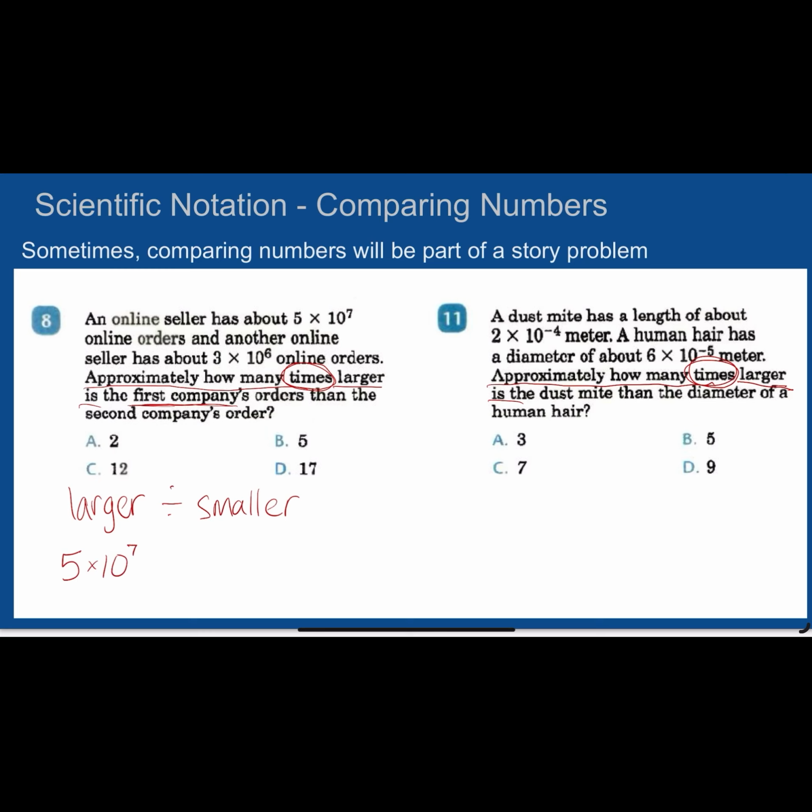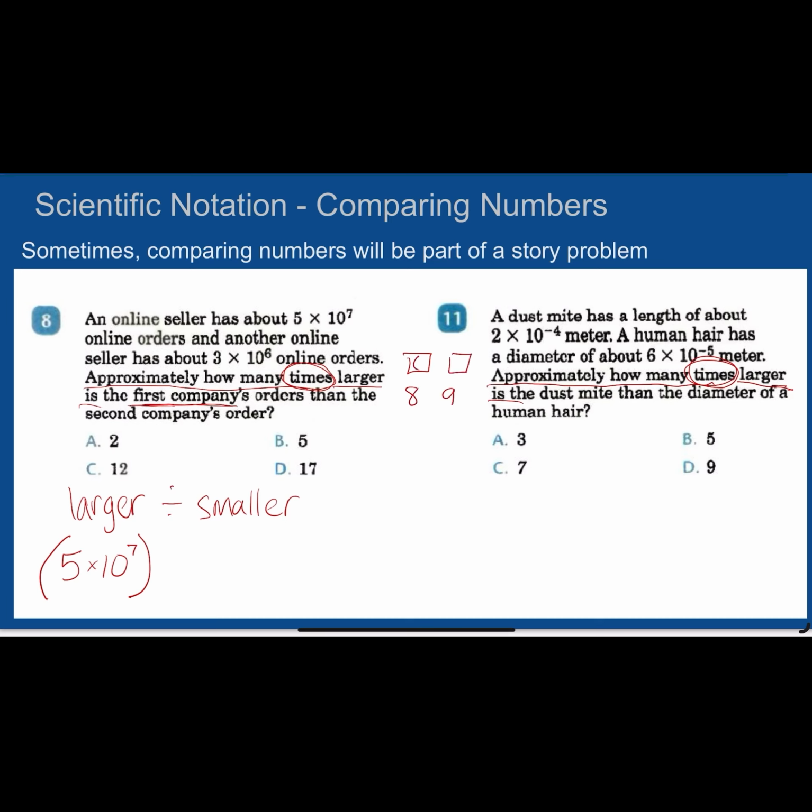But because we want this 5 times 10 to the 7th to stay together as a scientific notation number, that's when we're going to use the parentheses on our calculator to create a group. So your parentheses are the keys that are right above the 8 and the 9.